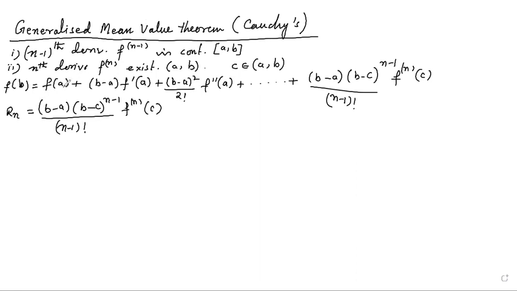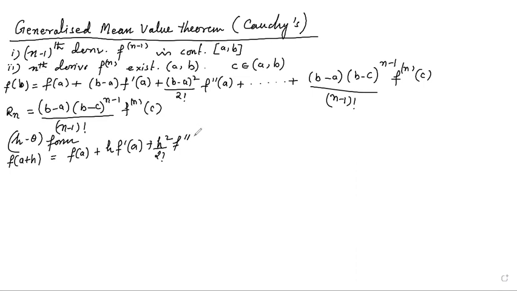Similarly, if I go for the h theta form, then what happens? Obviously, your b will be replaced by a plus h and c will be replaced by a plus theta h. So let us do that in the expansion. f(b) means f(a plus h) equals f(a) plus (b minus a means h) f'(a) plus h squared by 2 factorial f''(a) plus going on like this.